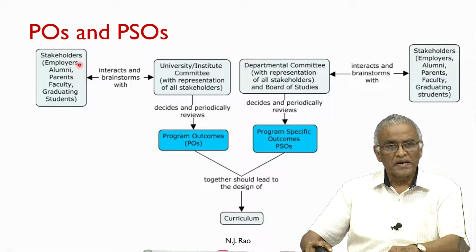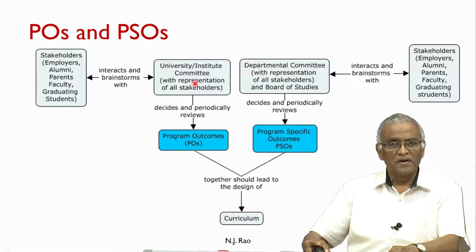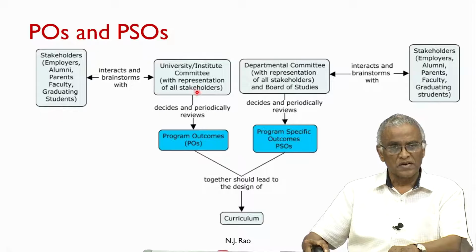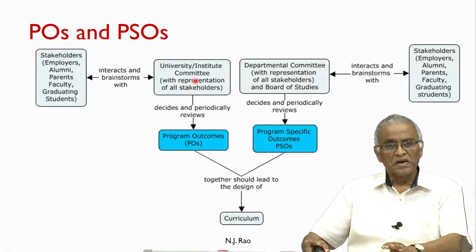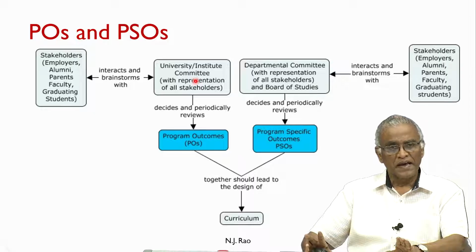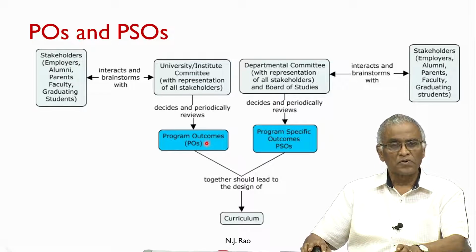So, you create a committee and interact with a large number of stakeholders. But the committee itself will have formal representation of all stakeholders. And through an iterative process, a process that is defined and well documented as required by the NAAC accreditation process, they decide what the program outcomes are.